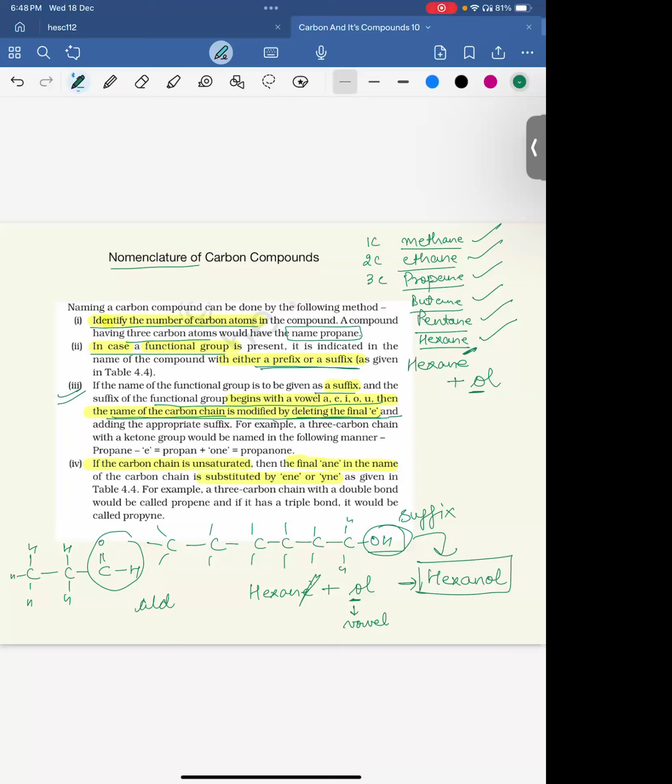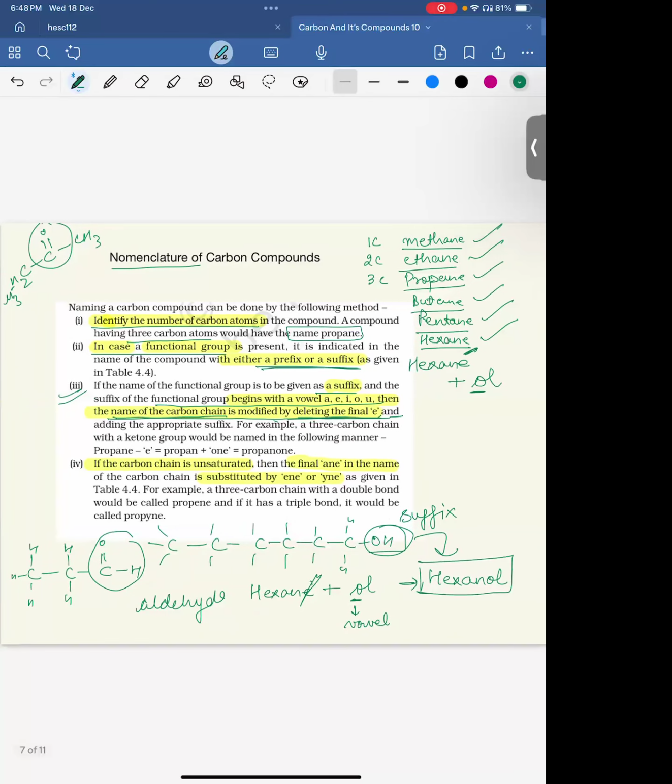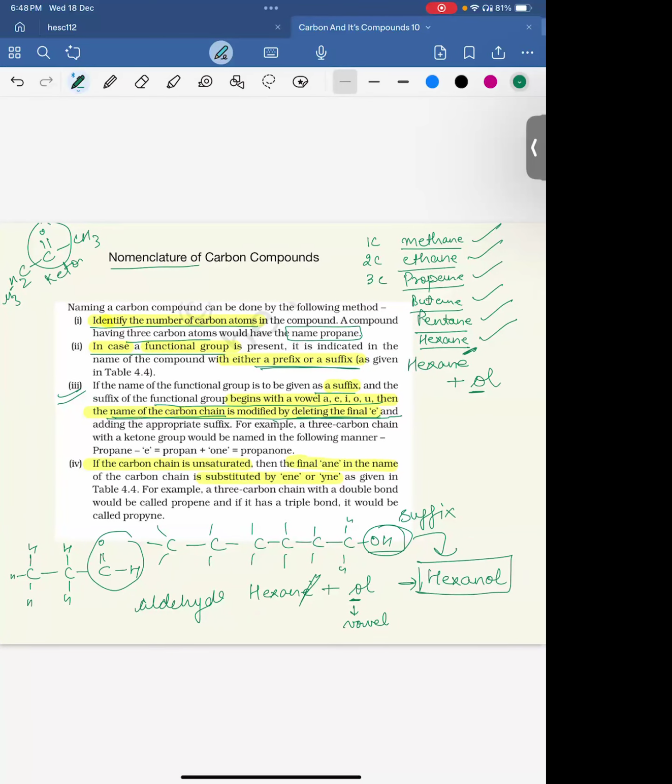So this is aldehyde. What is this functional group? This is ketone. There are alkyl groups on both its sides. If there is hydrogen on one side, then it will be aldehyde. So don't get confused between ketone and aldehyde, okay?